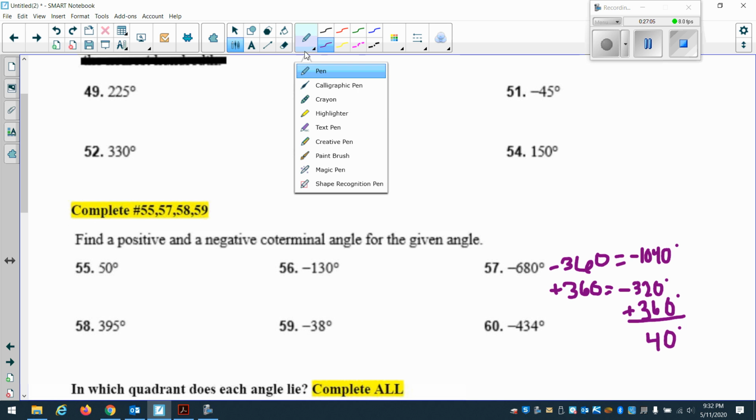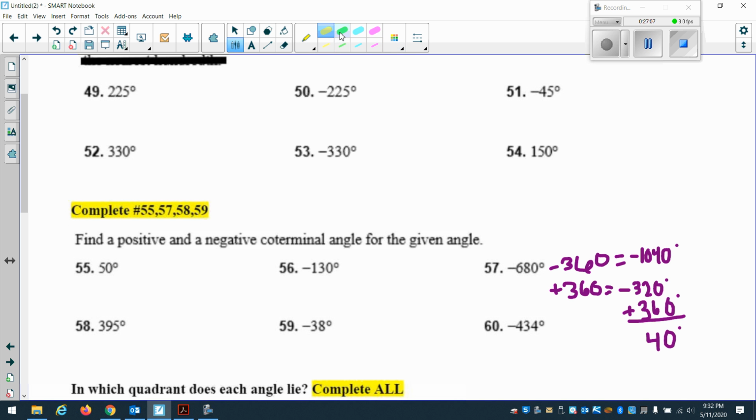The reason I showed you two negative coterminal angles is because some of you might list both. So one would be negative 320 or negative 1040. They both are acceptable. For a positive coterminal angle, I would add 360 again, and a positive would be 40. If I added 360 again, I would get 400 as another positive coterminal angle.